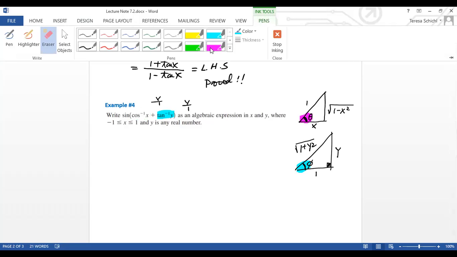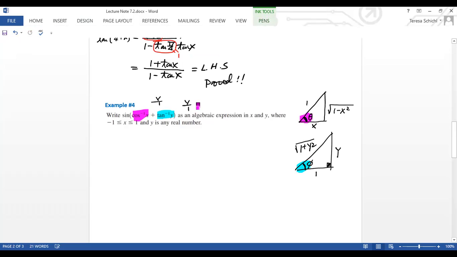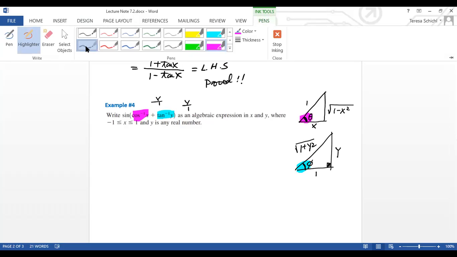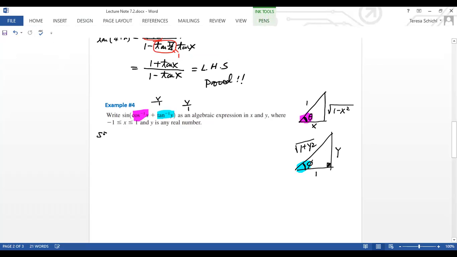So now, what is my angle theta here? Let me try color coding that. I know the sine of arccosine x plus arctangent y, I can write as theta plus phi, because arccosine x becomes theta and arctangent y becomes phi. So it becomes sine of theta plus phi.